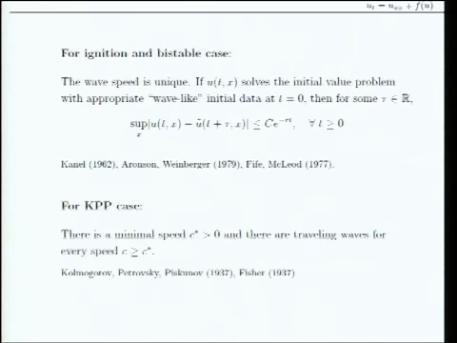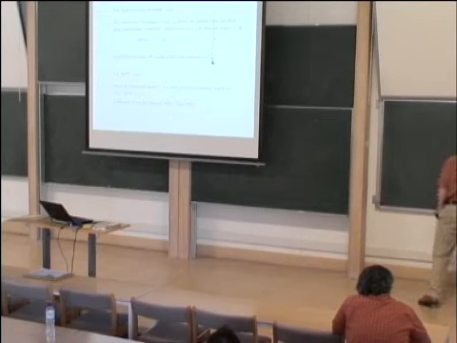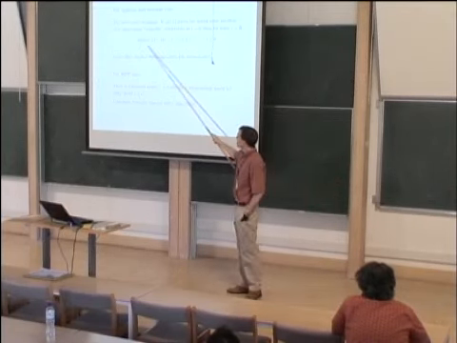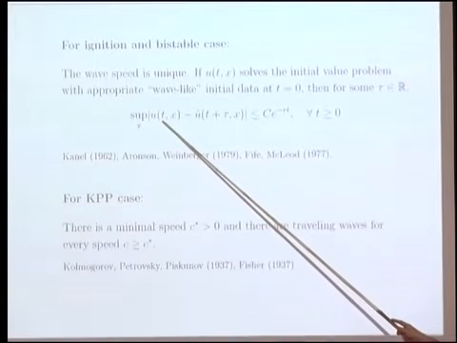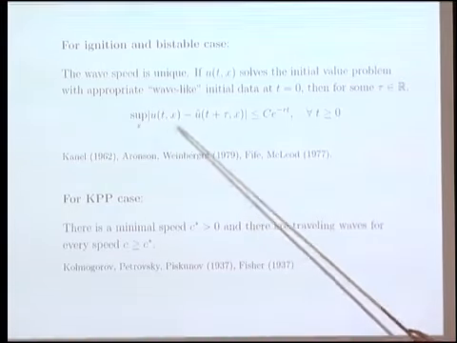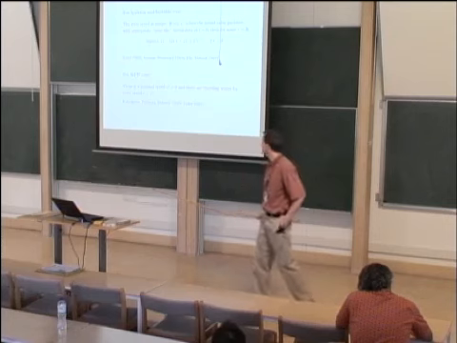So if I start with an initial condition that's wave-like, it's known that as time goes to infinity, the solution to the Cauchy problem, so this is a solution to the Cauchy problem with wave-like initial condition, and this is the traveling wave, converges uniformly and exponentially fast to the traveling wave.